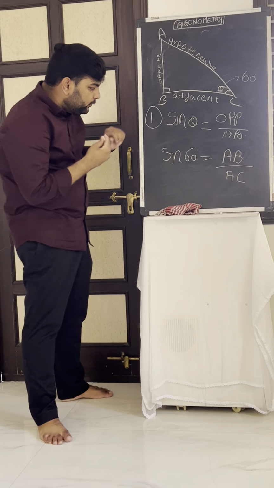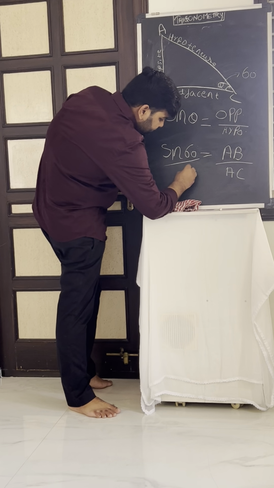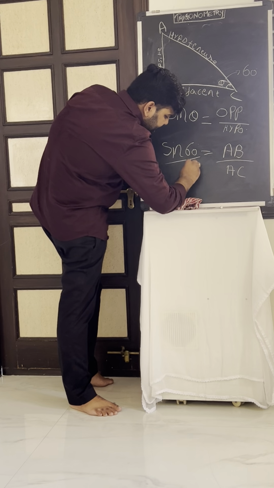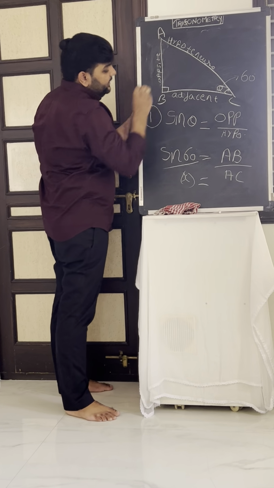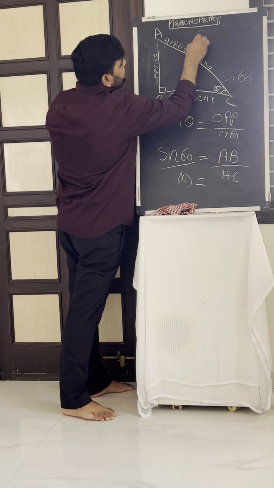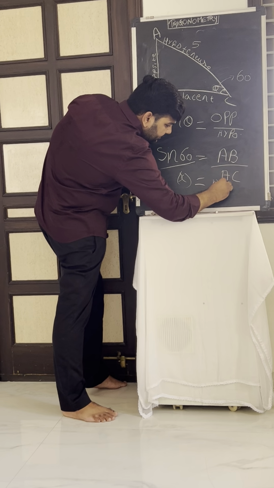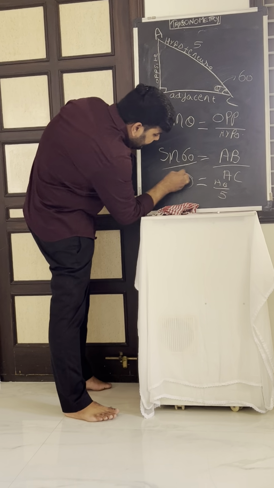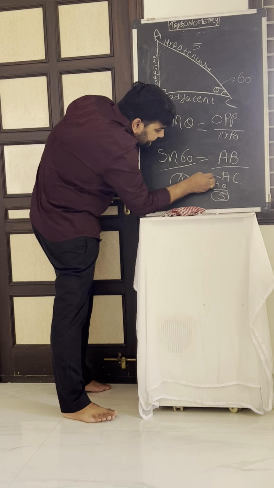So what we will do, we will keep that value of sine 60, suppose it is x. And if I have the value of the hypotenuse, let us suppose it is 5, I will keep it as AB upon 5. Having this value of x, I can easily find AB.